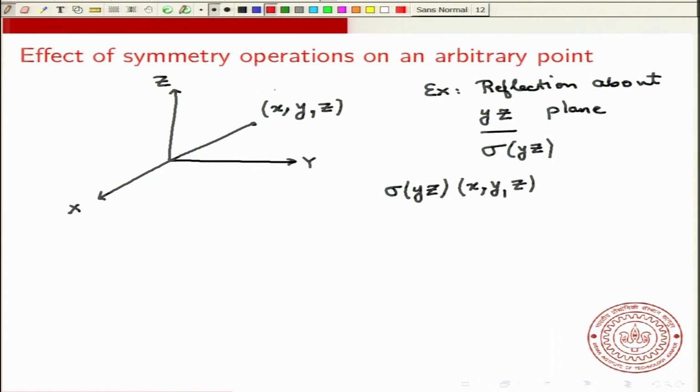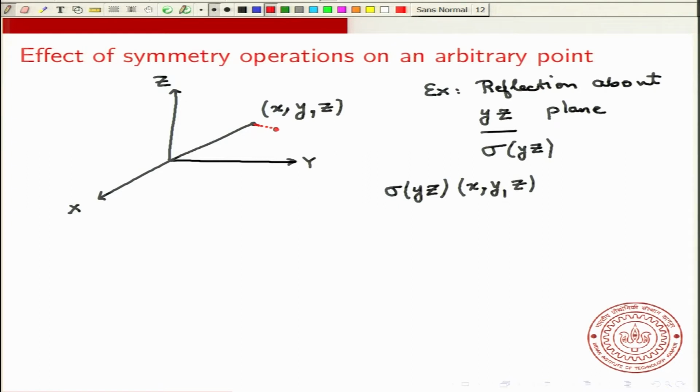So you are reflecting about the y z plane, which is the plane of the screen. So if this point is located above the screen of paper, it will go below the screen of paper, okay. So your new point will be behind the screen of paper.